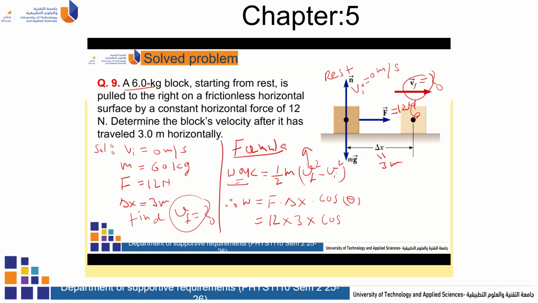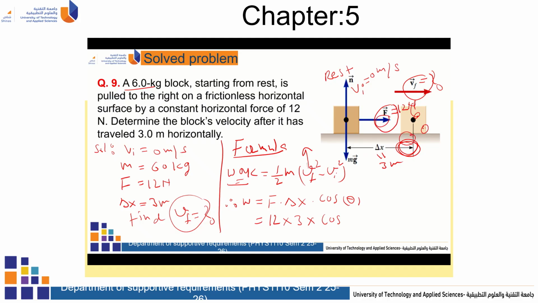Why is it 0? Because this is the direction of the force, and this is the direction of the displacement. The box is moving in this direction, so the angle between this arrow and this arrow is, they are parallel.